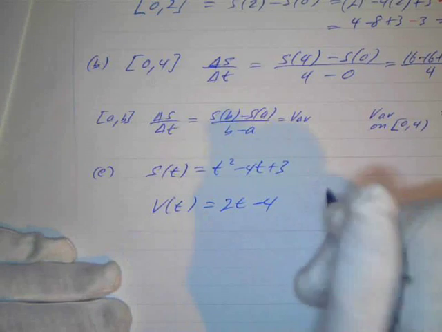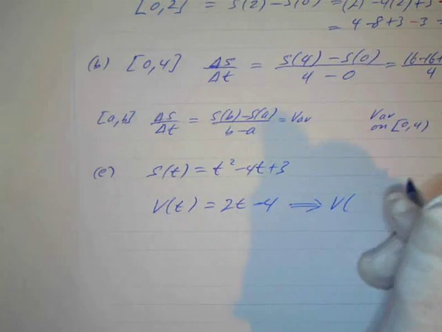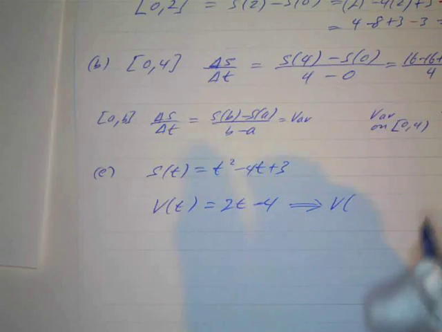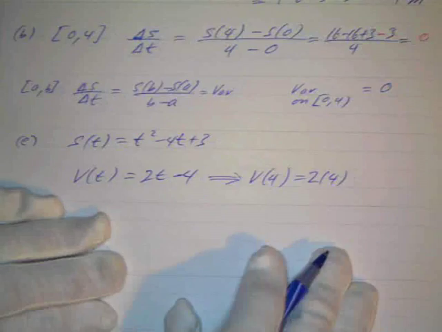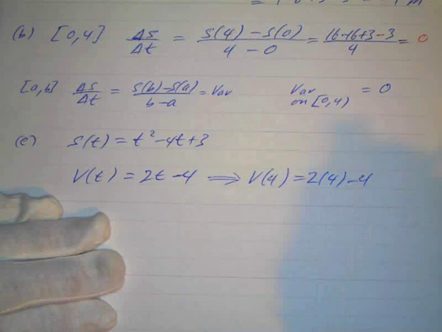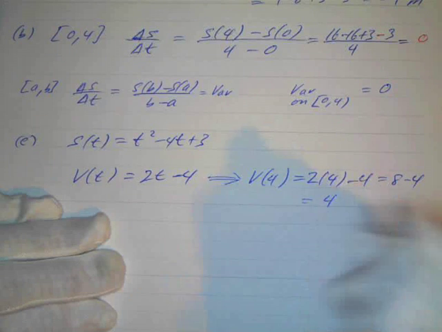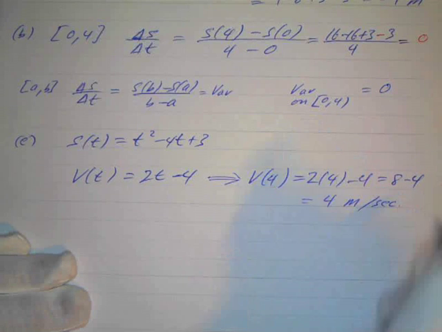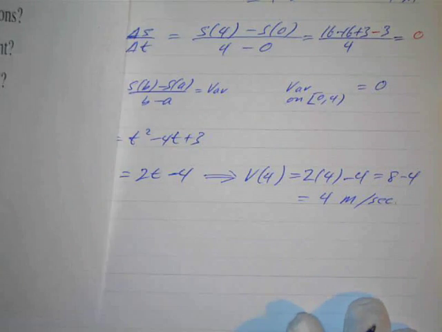And we want the velocity at 4 seconds, so I just put 4 in here. That's going to be 2 times 4 minus 4, which is 8 minus 4, and that's going to be 4. And that's velocity, so that's going to be 4 meters per second. So that's the velocity at any time.